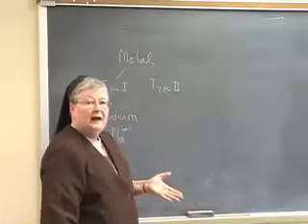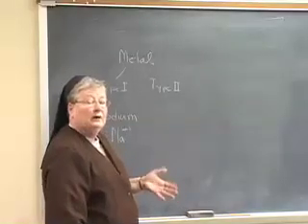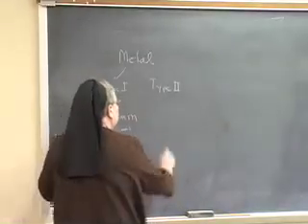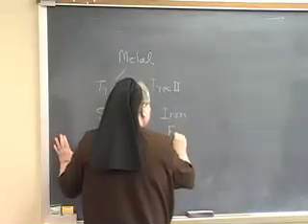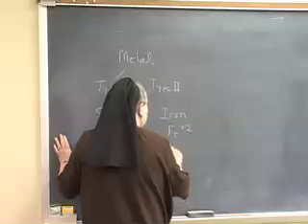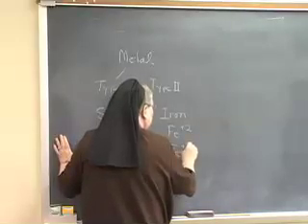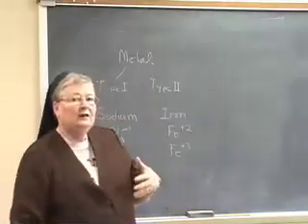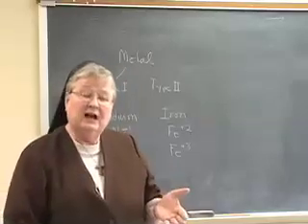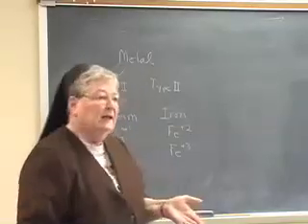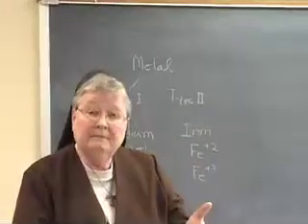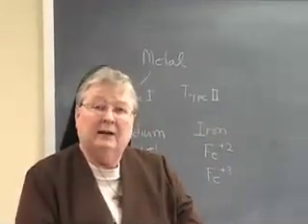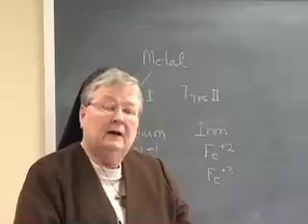An example of a type 2 metal would be one with a variable charge. It would be iron. And sometimes it's Fe plus 2, and sometimes it's Fe plus 3. So in the nomenclature, you've got to indicate which iron. So in the case of a type 1 compound, you just simply say sodium, and then the name of the nonmetal part.